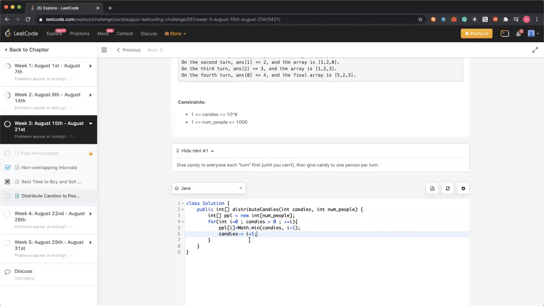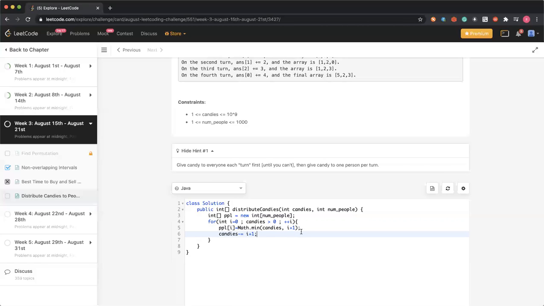Here I have assigned the ith person, starting at 0. The 0th index is nothing but the first person. The first person will be getting i plus 1, that is 0 plus 1, since 0 candies has no actual meaning.